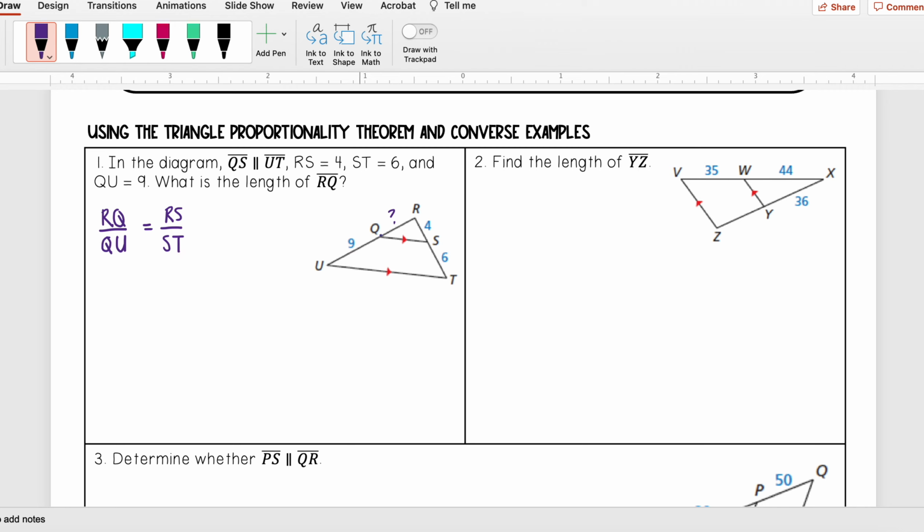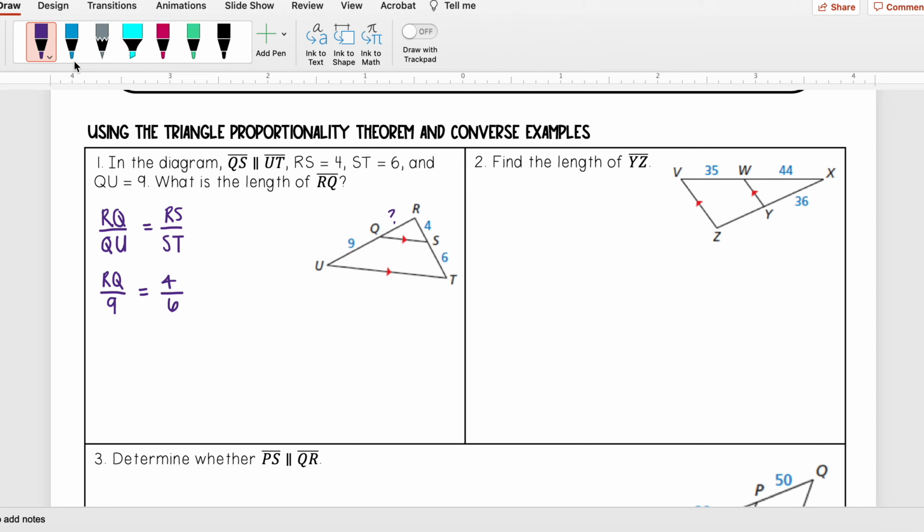So we split that long side into two parts. And I want to go ahead and substitute in the different lengths. I don't know the length of RQ, so I'm going to leave that as RQ. QU has length 9. RS has length 4, and ST has length 6.